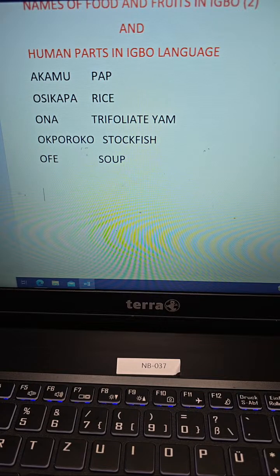So we'll move into today's topic. The main topic of today is the names of human parts in Igbo language.